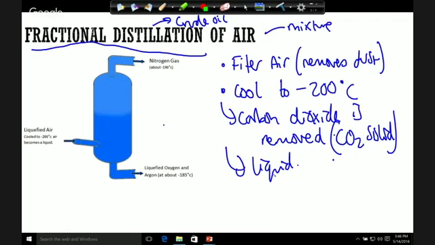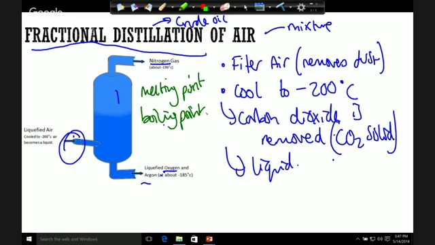So in the liquid, we've got oxygen, argon, and nitrogen, as well as a few other gases perhaps in there as well. And that then gets put into the fractional distillation column, where it can then be separated into its different gases. Now, the questions on this become a little bit difficult because you need to be thinking about melting point and boiling point at really low temperatures, okay, negative temperatures.